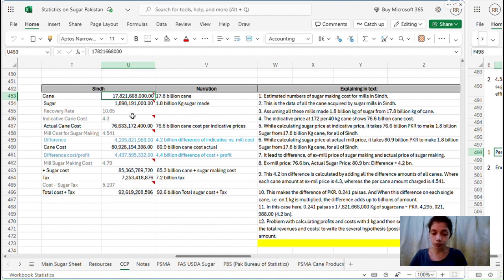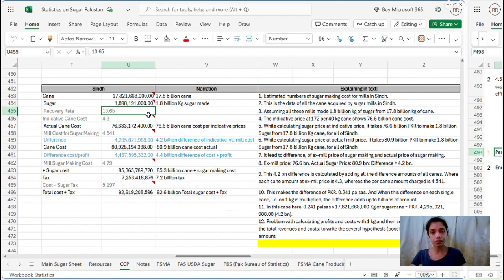Now every mill is going to have a different sugar recovery, because they purchase different quantities of cane and produce different amounts of sugar from it, and each mill would have its own recovery rate.